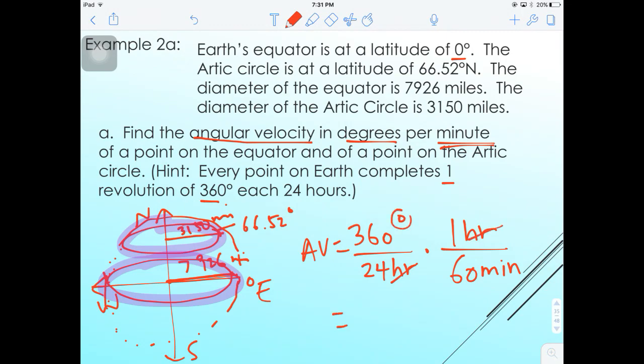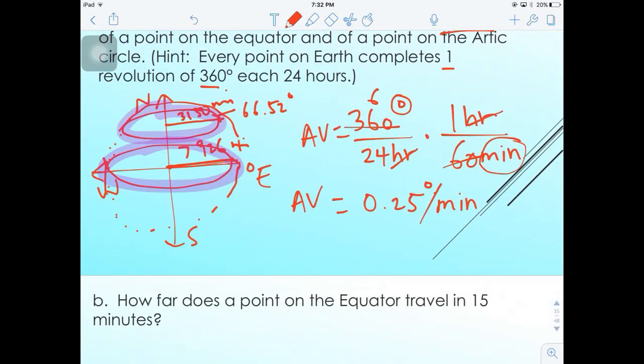That leaves us degrees per minute, which is what angular velocity is measured in. If you do the math and divide 6 by 24, that's 1/4, which is 0.25 degrees per minute. That is the angular velocity for traveling on either the equator or the Arctic Circle. That's part A.